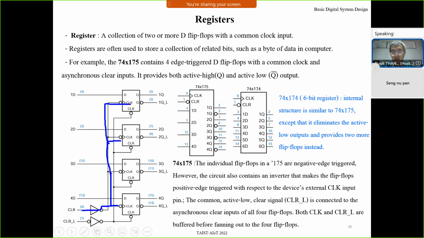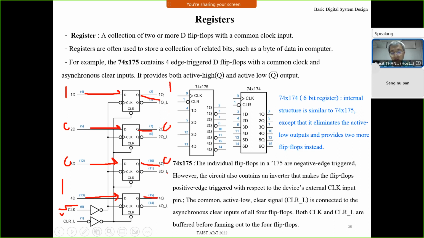That means when the clock ticks, all of these flip-flops will read the data at the same time. For example, if the data is 1001, when the clock ticks, the output of the flip-flops will be updated to 1001 at the same time.